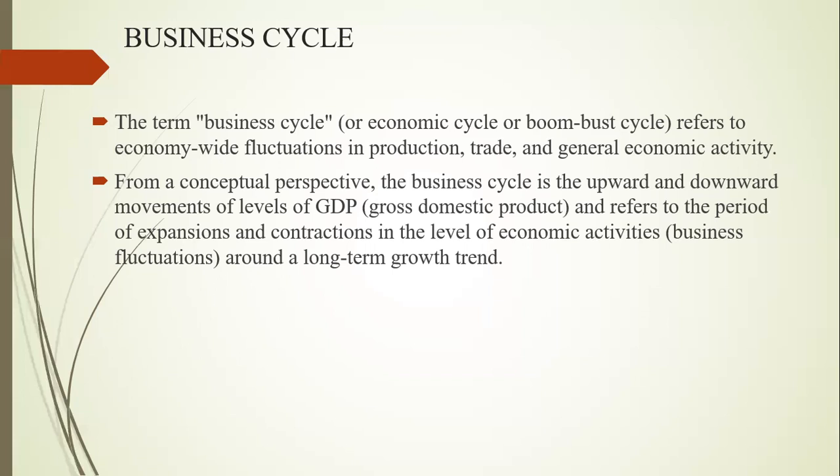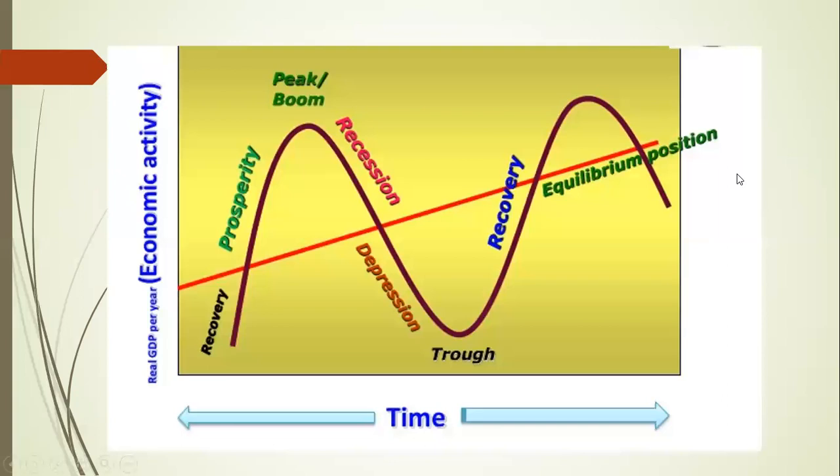So let's start. What is a business cycle? We will see one graph first of all. You see here, on one axis we are taking time and on the other axis we are taking real GDP per year. Prosperity is coming, then peak, then recession, then depression, and again recovery starts.